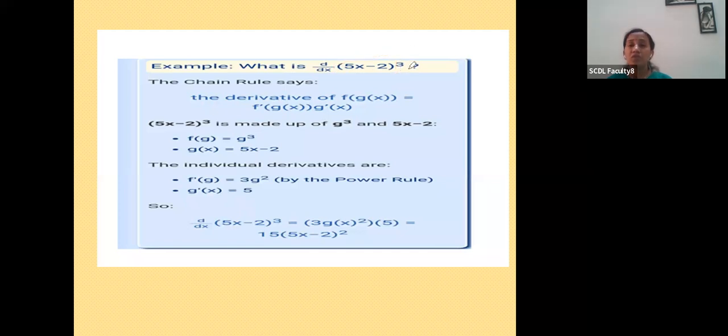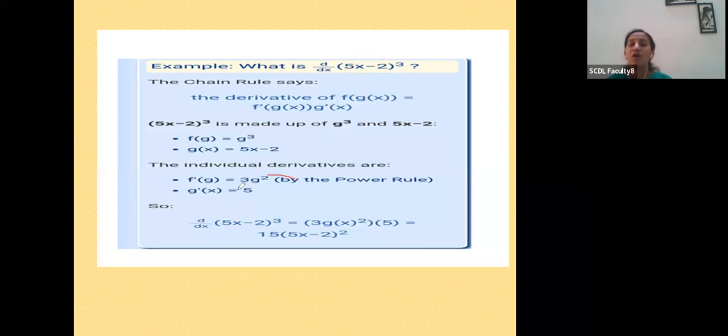So first of all, this whole term is considered as g, that is f of g. And then only g of x is considered as 5x minus 2.